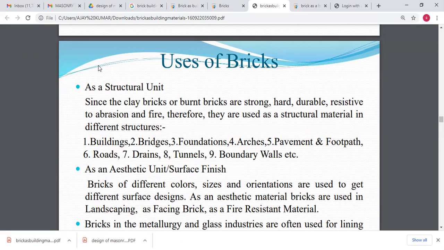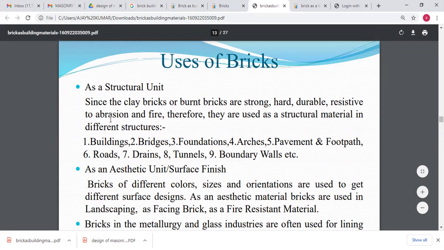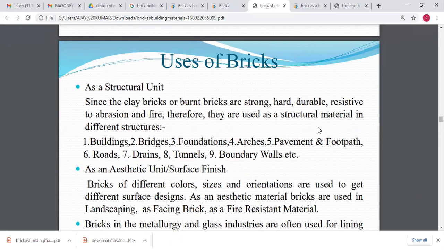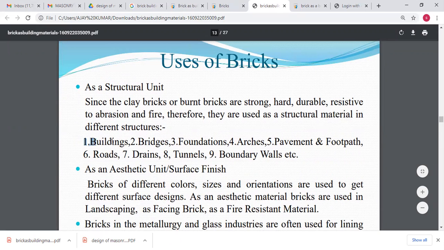In the uses of bricks, we can see, as a structural unit, since clay or burnt bricks are strong, hard, durable, resistant to abrasion and fire, they are used as a structural material in different structures: buildings, bridges, foundations, arches, pavements and footpaths, roads, drains, tunnels.